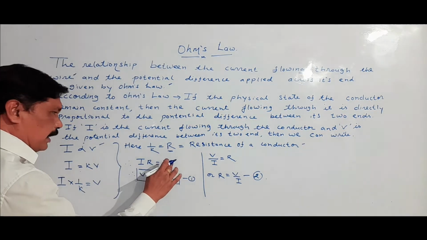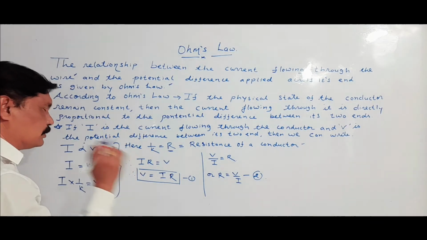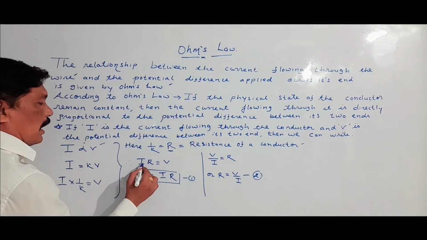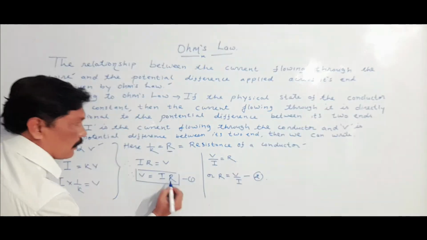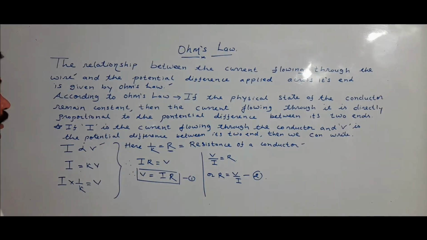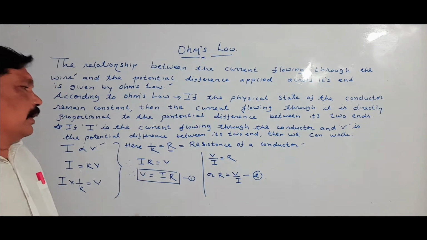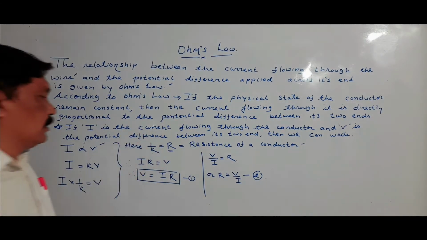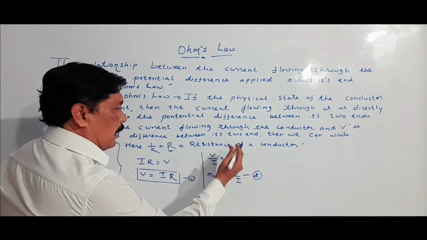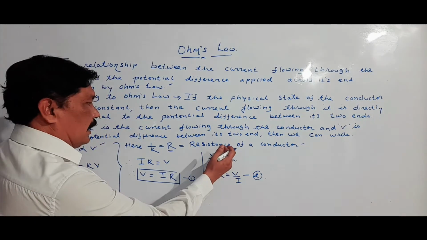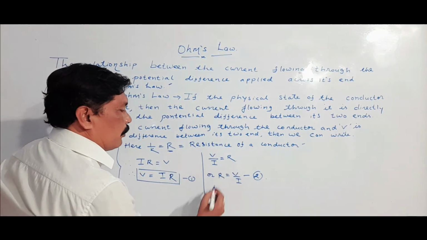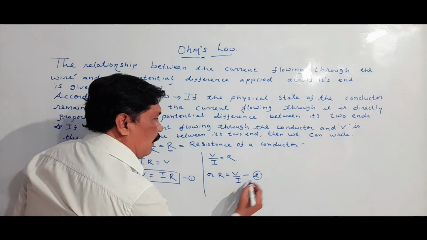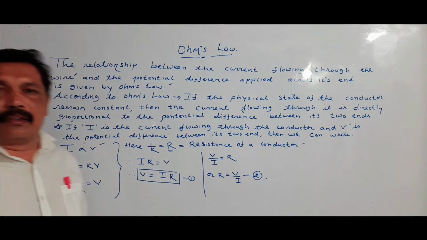So our expression according to Ohm's law is I R is equal to V, or V is equal to IR. From this expression we can also calculate the value of R. If we take I to the other side of the equation, multiplication will come in the denominator, and therefore R is equal to V by I. We will get another equation.